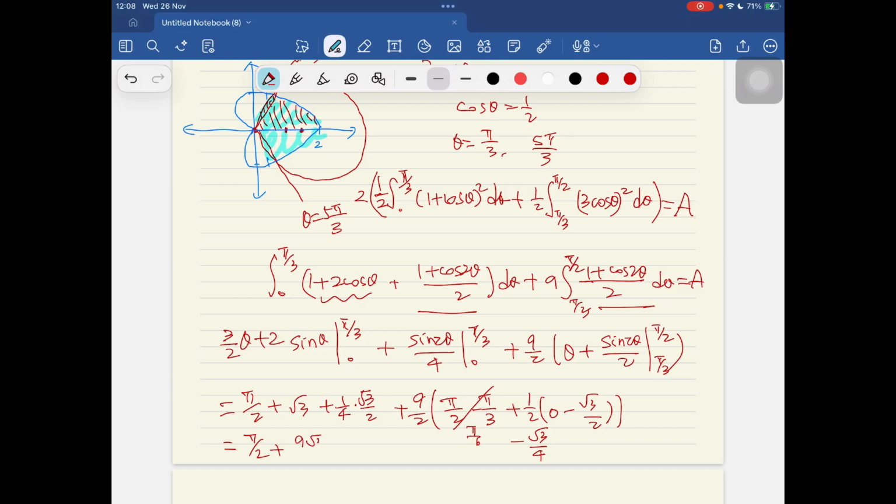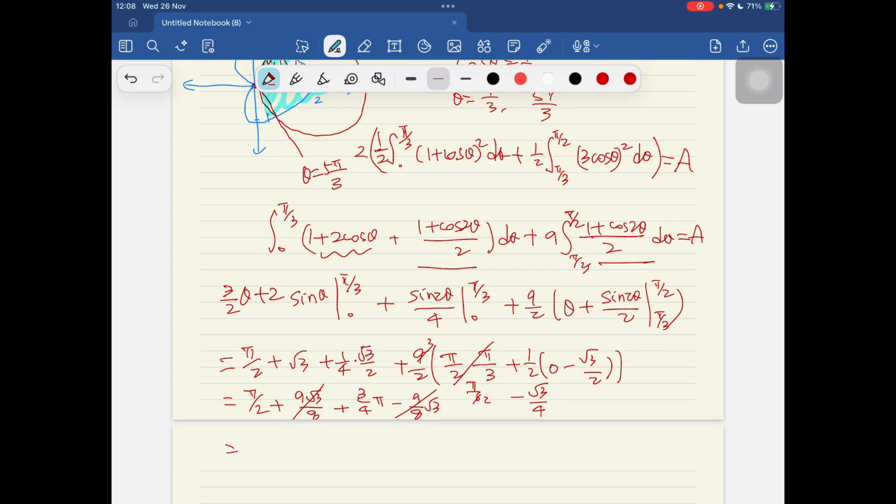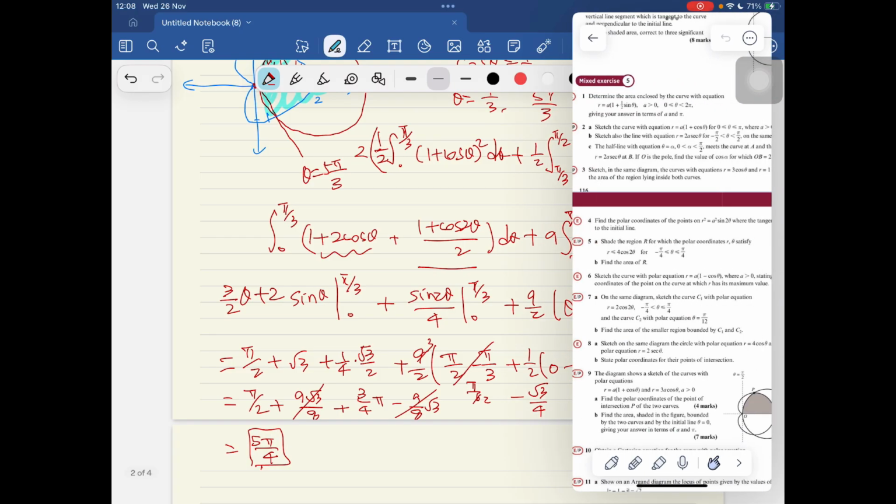So 9 square root of 3 over 8 plus 3 over 4 pi minus 9 over 8 square root of 3. Therefore, 5 pi over 4. Yeah. Check the answers, please.